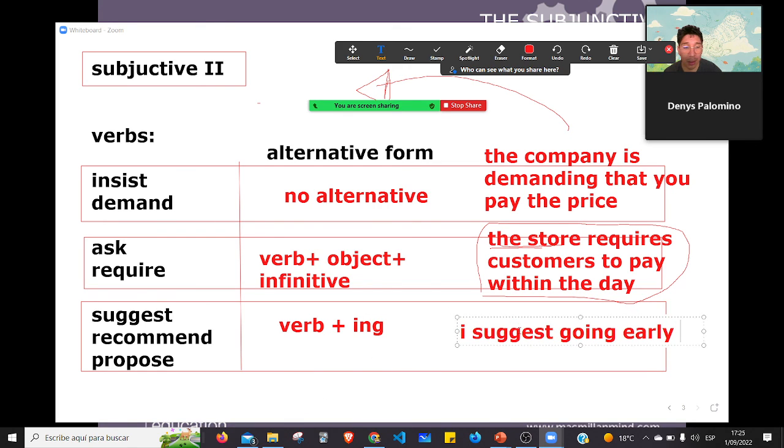I have a question about the exam. I recommend. Always have to use ing? No, as I said before, you say, I recommend you to do something, but this is not a subjunctive. But you too doing, always with ing, the verb, not the base form. Of course. We use I highly recommend.